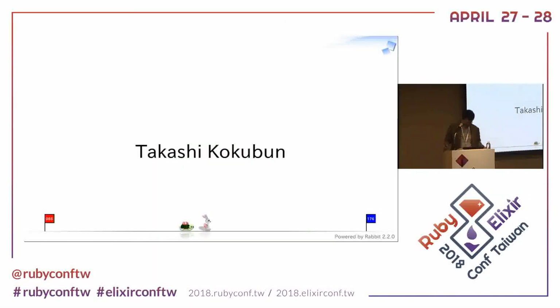So Takashi Kokubun, who is here, somewhere around here. Yeah, there. This is quite a nice conference. He created the new MJIT, which compiles based on YARV and the compiling framework of MJIT.